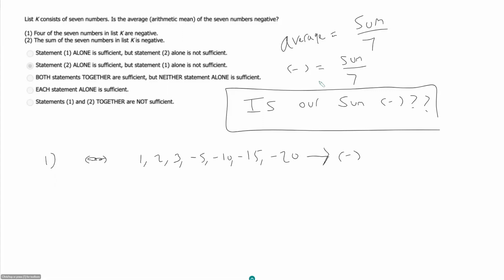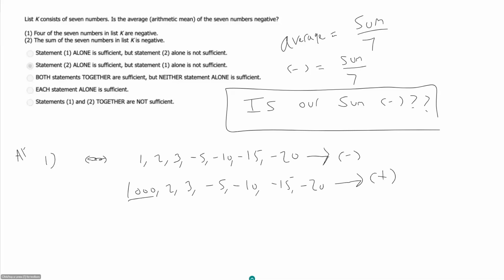But what if I change the first one to 1,000, 2, 3, -5, -10, -15, -20. So this number here is so big it makes our sum overwhelmingly positive, and that's sort of the same as saying it brings up your average a lot.